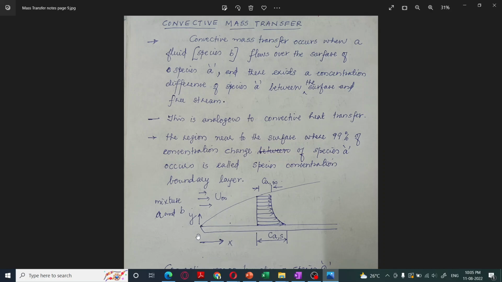So here we have the flow direction, x direction, and free stream velocity u infinity of the gas or liquid, which is a mixture of A and B. And our interest is how much A diffuses into the free stream.